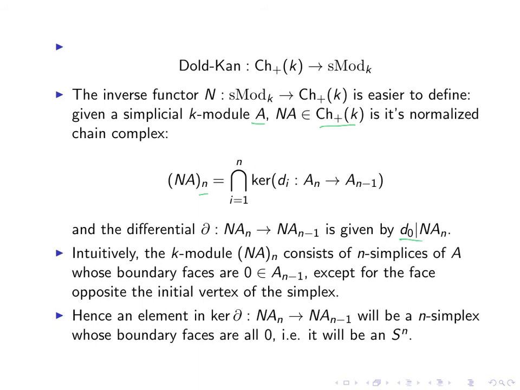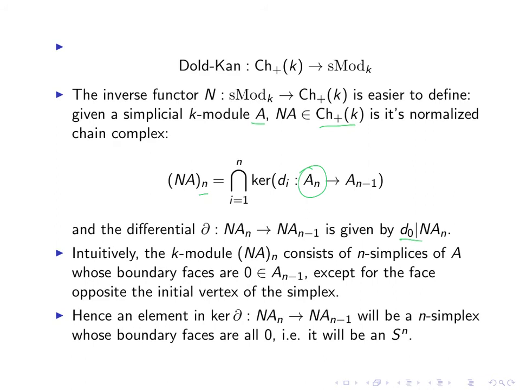Intuitively, the K-module or K-vector space N A sub n consists of the n-simplices of A, so it starts out with the elements of A_n, whose boundary faces are 0, except for the face opposite the initial vertex of the simplex.